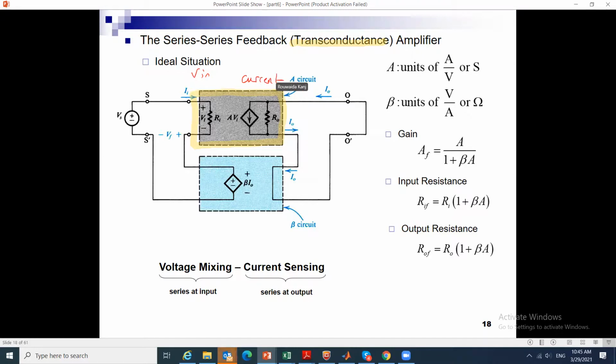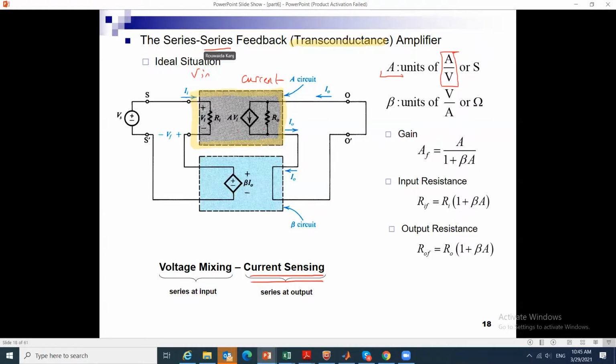Hence the gain is amperes per volt for the A block. The beta block, so you can see this is Vn, A Vn, and Ro. The beta block is really sensing the current in series. So it is sensing the current. This is why it's series.